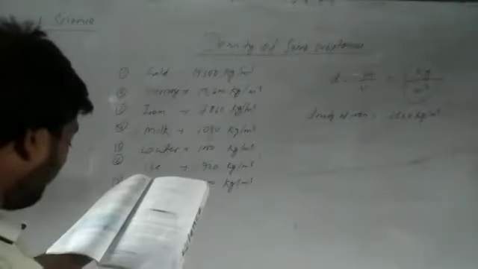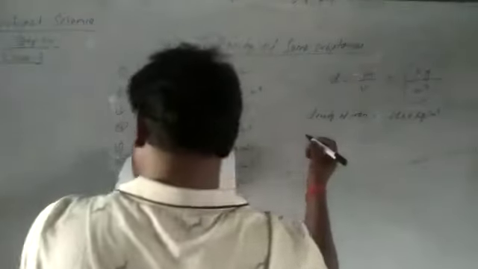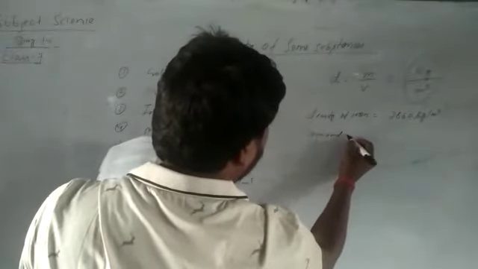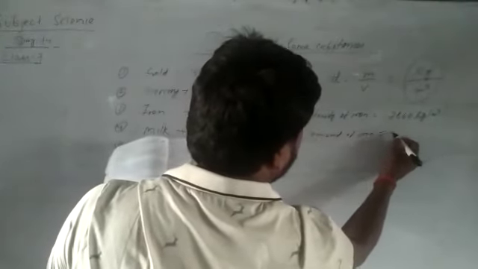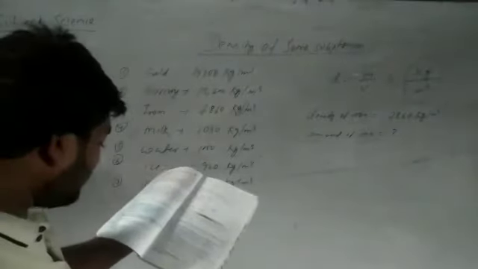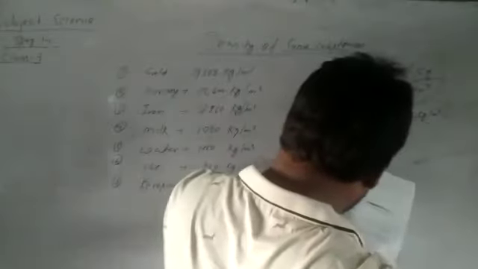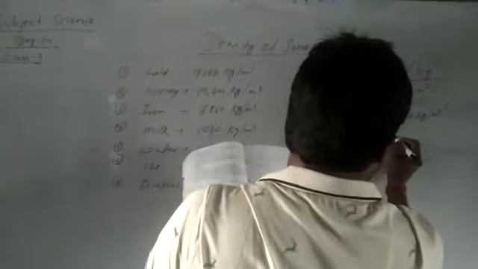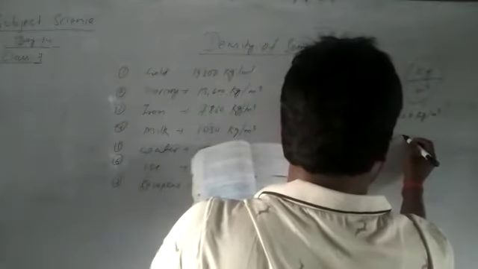What is the mass of iron in 3.5 meter cube? The volume is given as 3.5 meter cube.